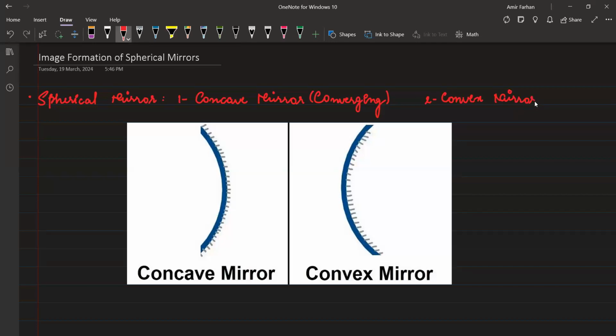So it is basically joining. It means that it will direct the light to a specific point. If it directs all the parallel light rays to a specific point, that's why it is called converging. And this convex mirror is called diverging. Diverging means the opposite. It means that it will spread it out. Clear, everybody?